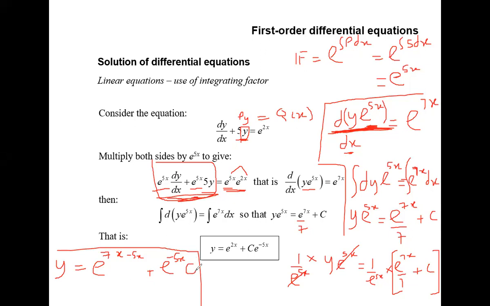All right, good. So this will still give us e raised to the power 2x, plus c times e raised to the power minus 5x. So y becomes e raised to the power 2x plus c times e raised to the power minus 5x as the final solution.